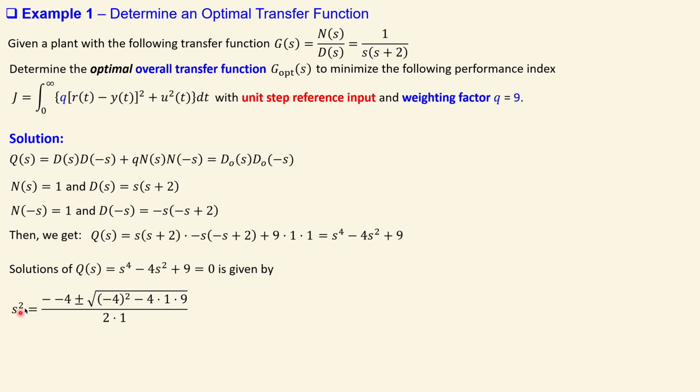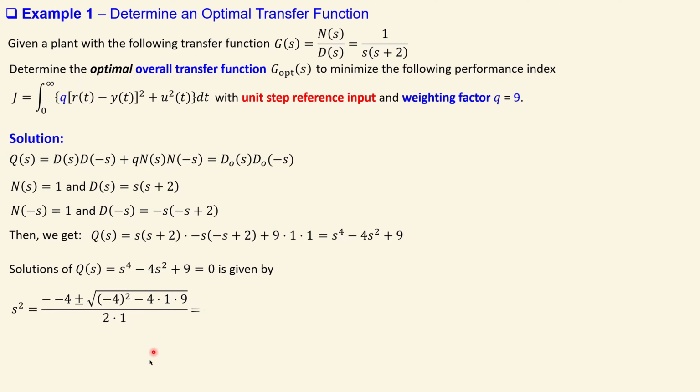That's why we have s squared is equal to minus of this value plus or minus the square root of this minus 4 squared minus 4 times the 1 here, that's the coefficient in front of the s to the power of 4, times also the 9 here is a constant, divided by 2 times the coefficient in front of this s to the power of 4.